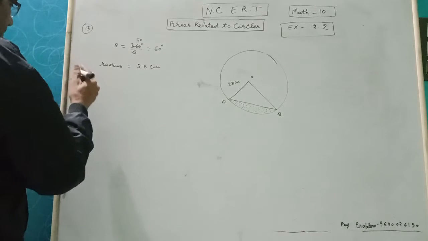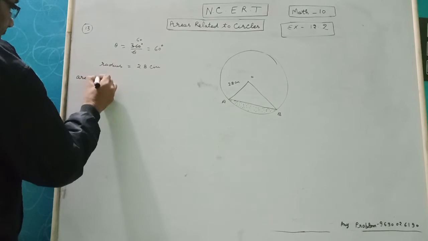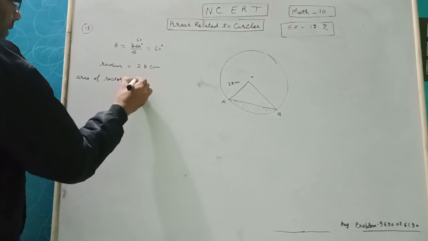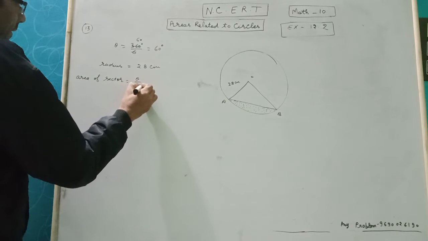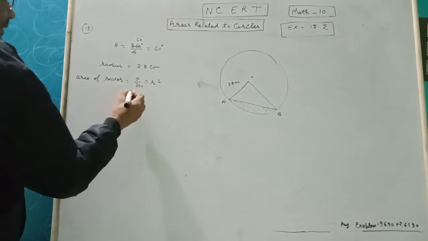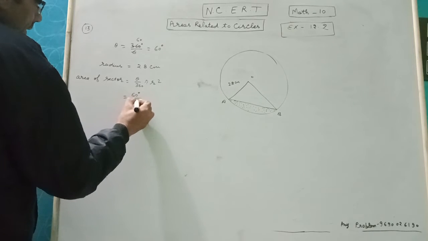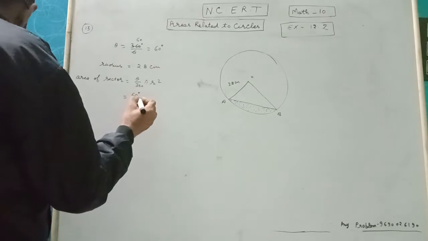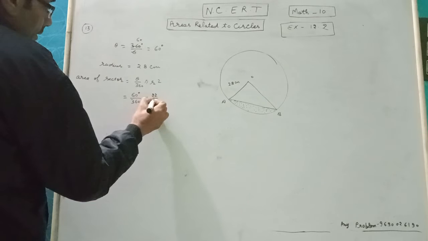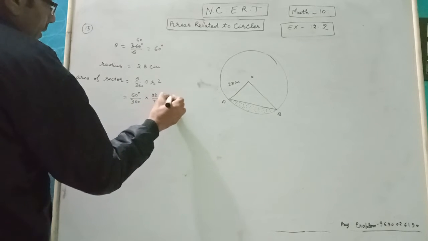Area of sector is theta upon 360 pi r square. Theta is equal to 60 upon 360. Pi value is not given, so 22 upon 7 into 28 square.